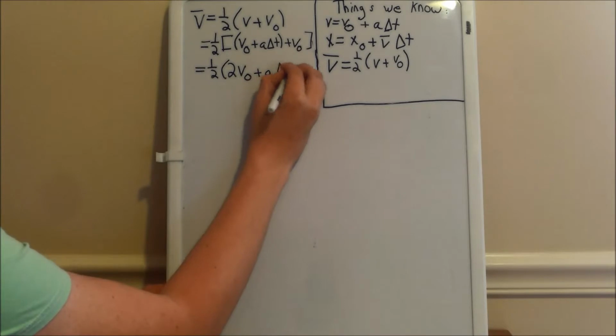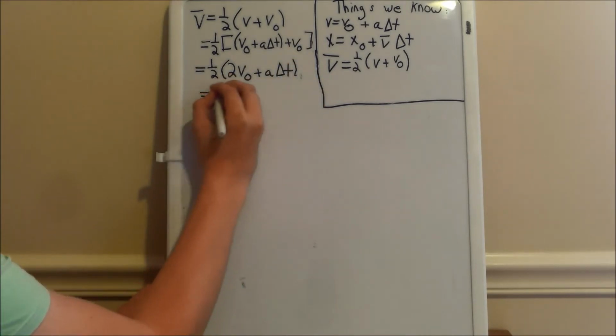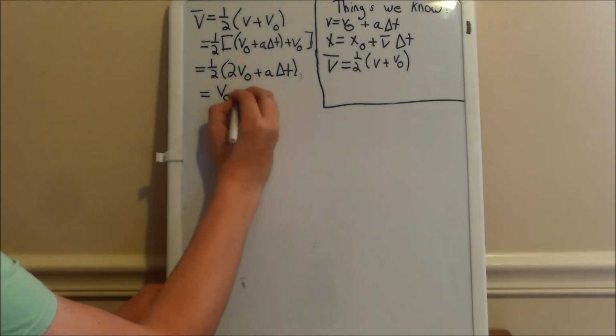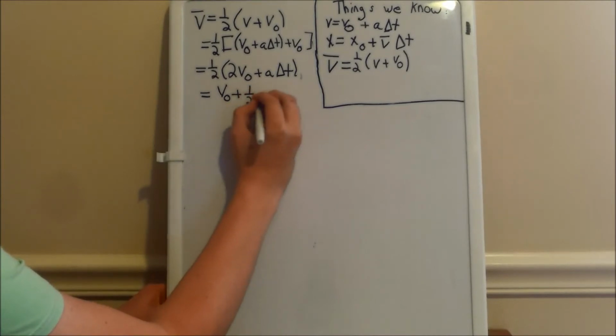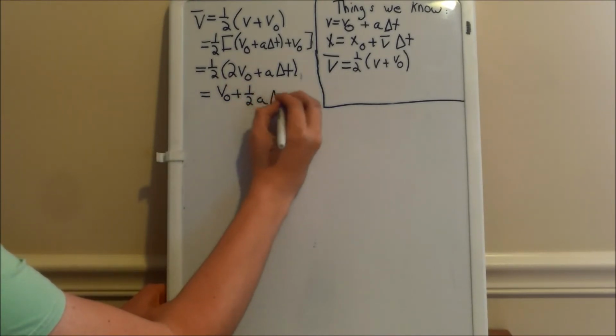In the end, I reach the equation average velocity equals initial velocity plus 1/2 acceleration times change in time.